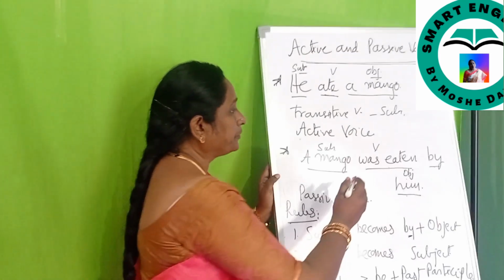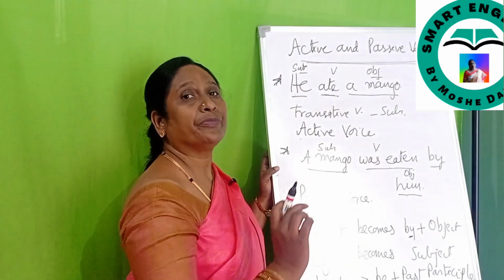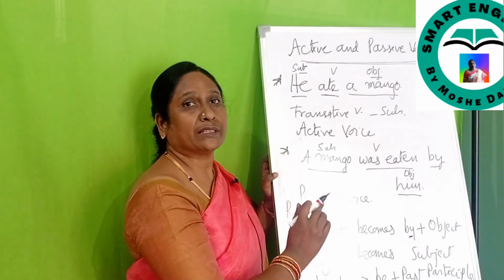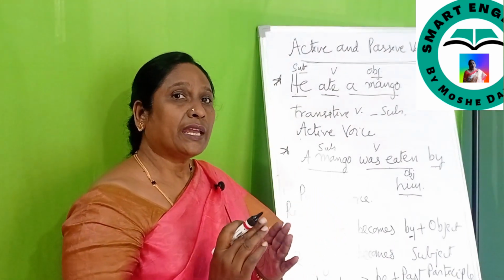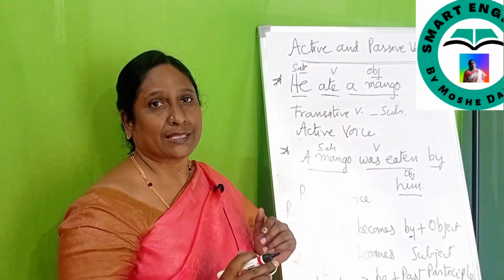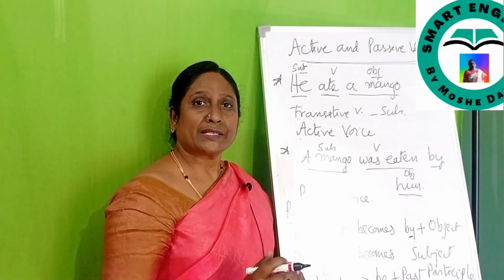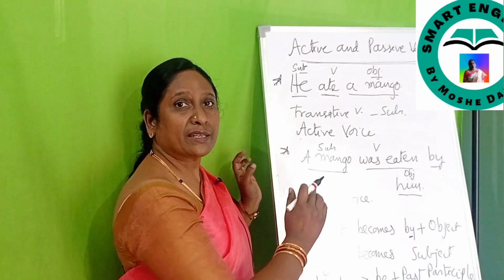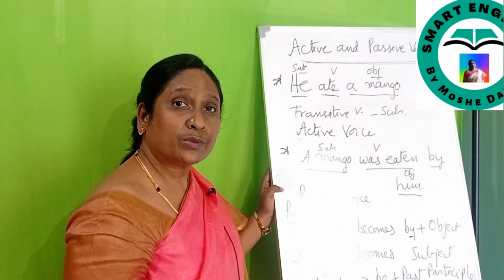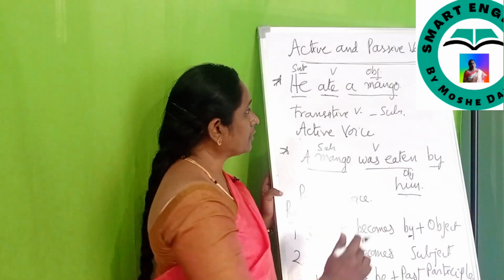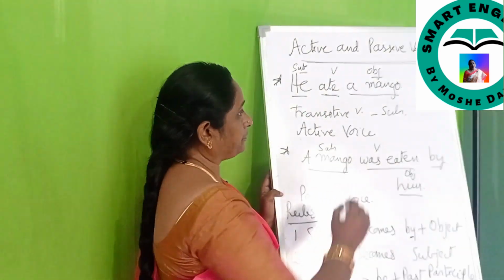What type of be form are we supposed to use? Appropriate be forms, based on the tenses. We know that tenses are present tense, past tense and future tense. Basing on the tenses, we have to use the suitable be form. And here, ate is in past tense.